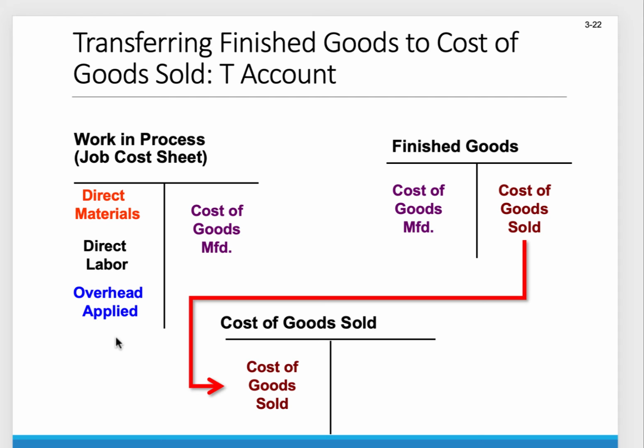Well, we need to get rid of these finished goods account, right? Finished goods is an asset. Okay, so how do we decrease an asset? With a credit. So finished goods are credited, and they leave the finished goods account and show up under the cost of goods sold account as a debit.